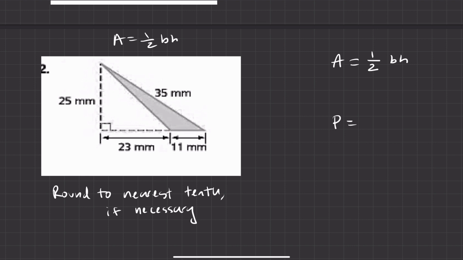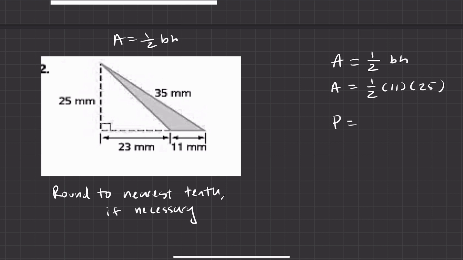Okay, so this triangle is 25 millimeters long. So A equals 1/2 of 11, multiplied by 25.